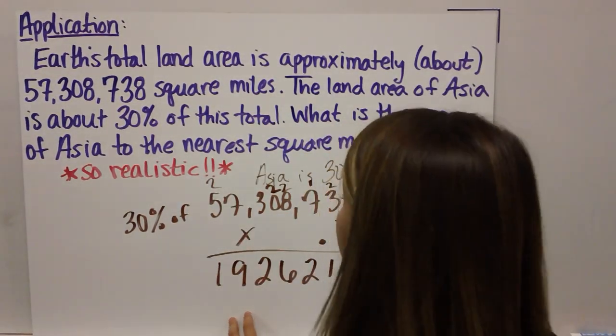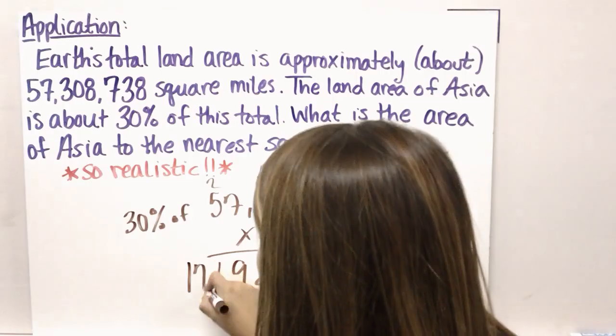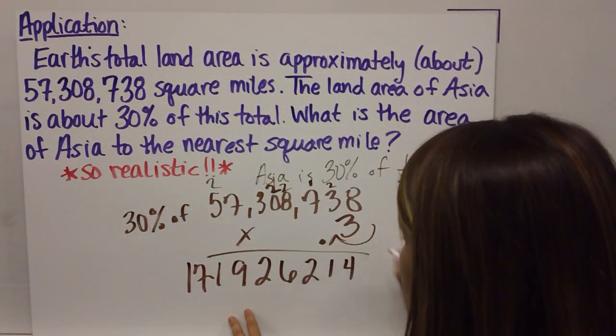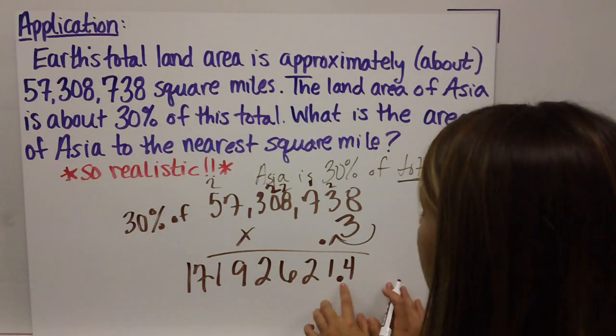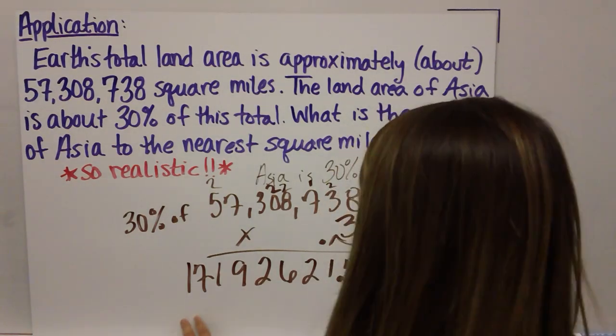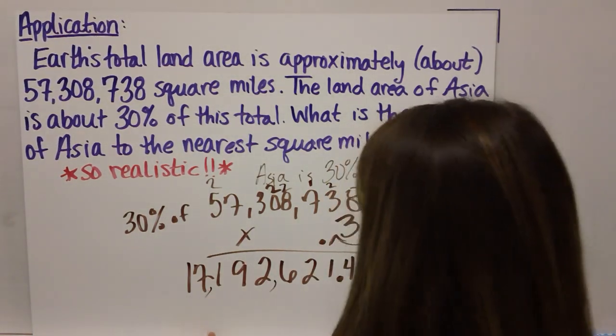And 3 times 5 is 15, plus 2 is 17. Don't forget to put your single decimal point in. And you have to go from the decimal point every 3 places, make a comma, comma, comma, okay?